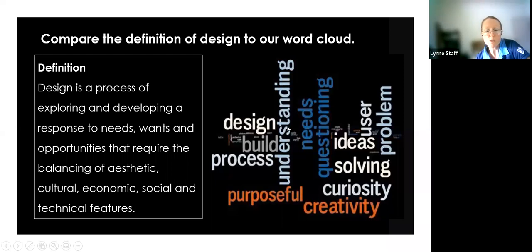That's also a good one for exploring as well. But in this process of developing a response, we are increasing our understanding of what the design problem is. Purposeful, yes. So by developing a response, we're being quite purposeful and identifying what the issues are and then purposefully finding solutions to that.